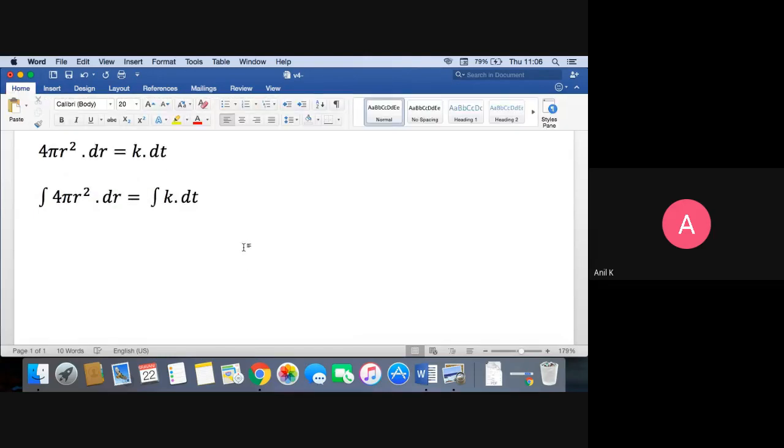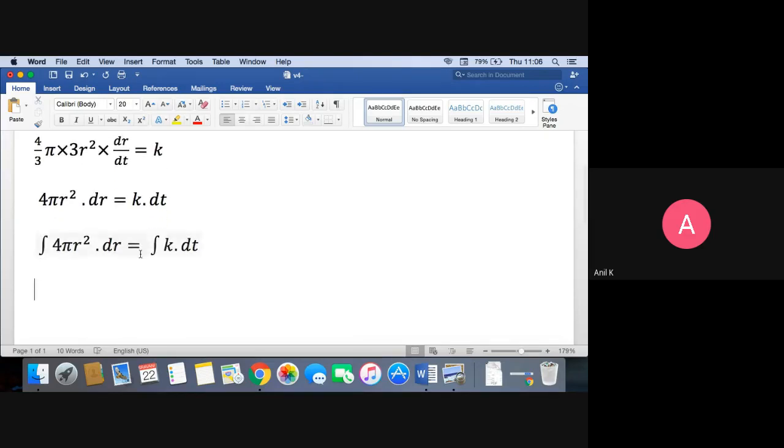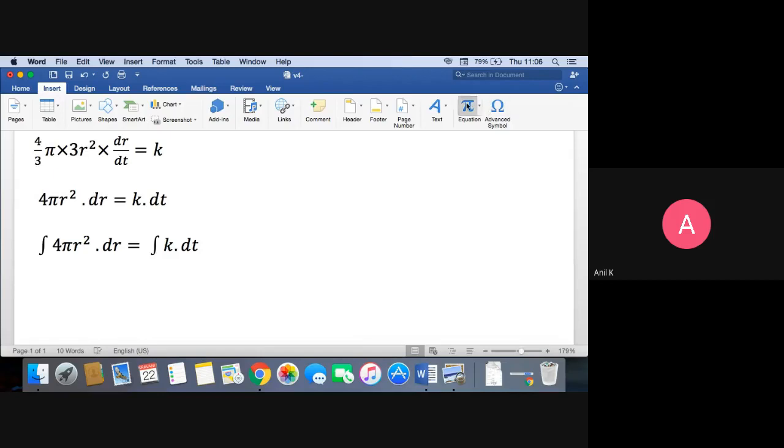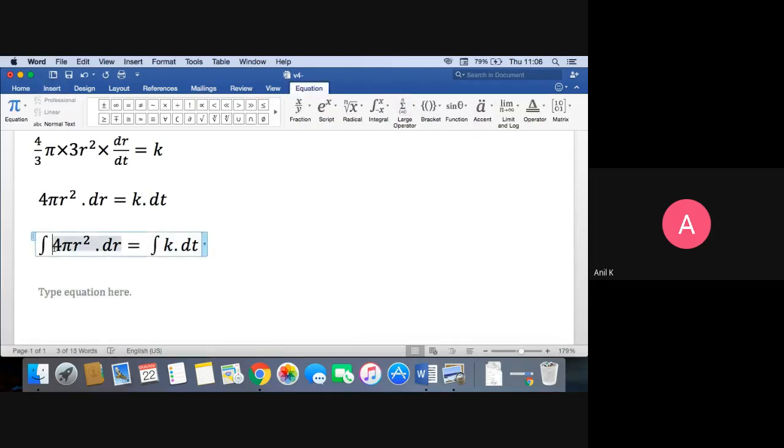So let's see what you will get if I integrate on both the sides. 4 pi is a constant, so 4 pi will remain as it is, no change.